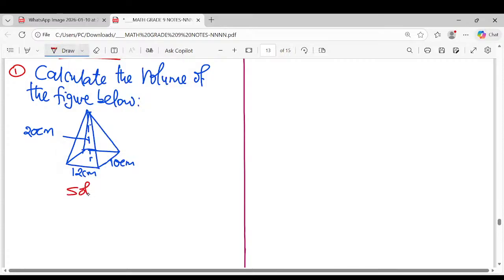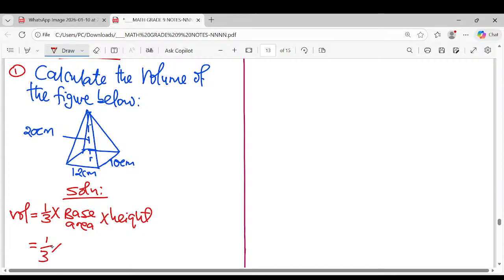Under your solution, you have to start by telling us that the volume of a pyramid is given as a third multiplied by the base area multiplied by the height. Applying this, we have a third multiplied by the base.